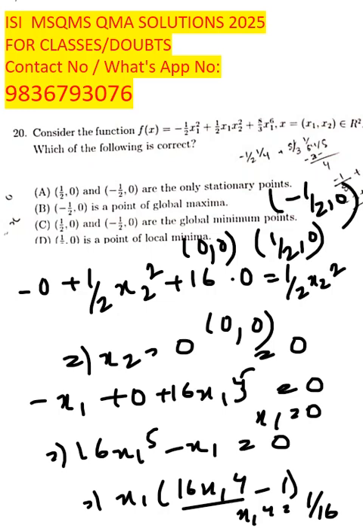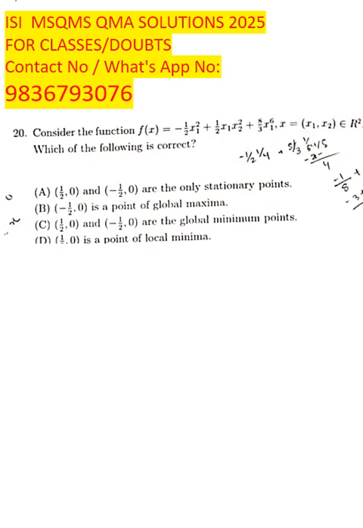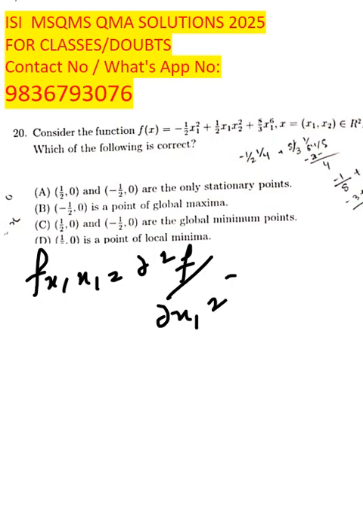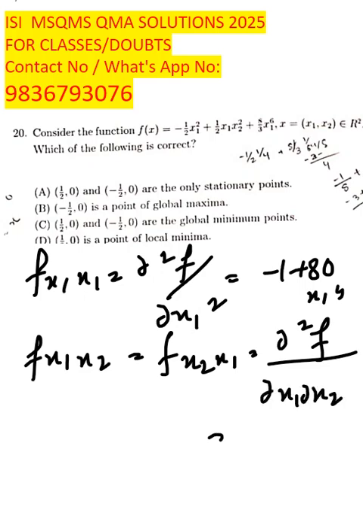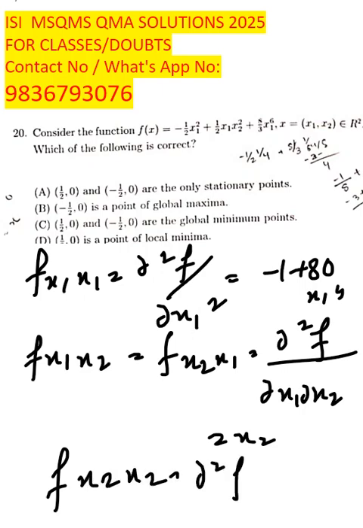Then for the second order test we will do the Hessian matrix. Calculating second derivatives: f x1 x1, del 2f with respect to del x1 square, is -1 + 80 x1⁴. F x1 x2, which equals f x2 x1, is x2, and f x2 x2 is x1.